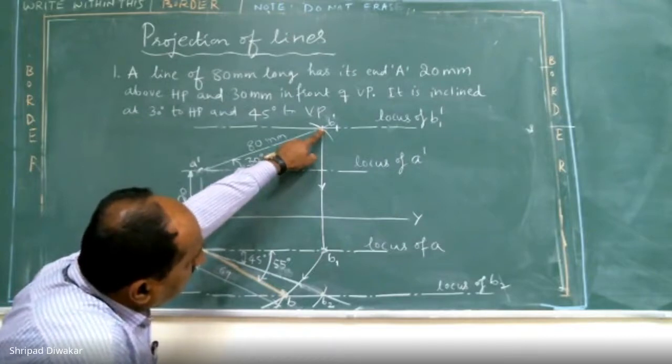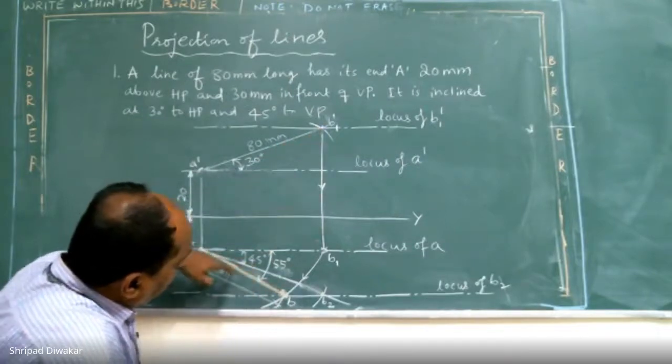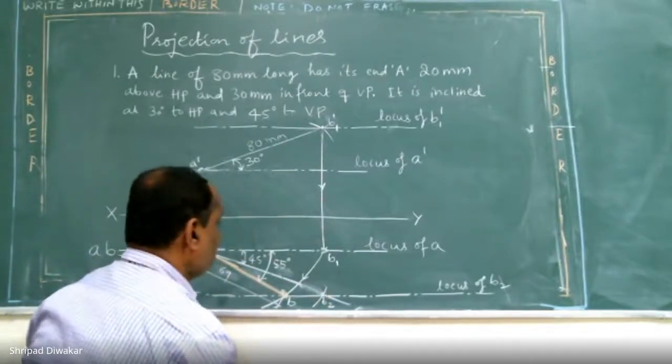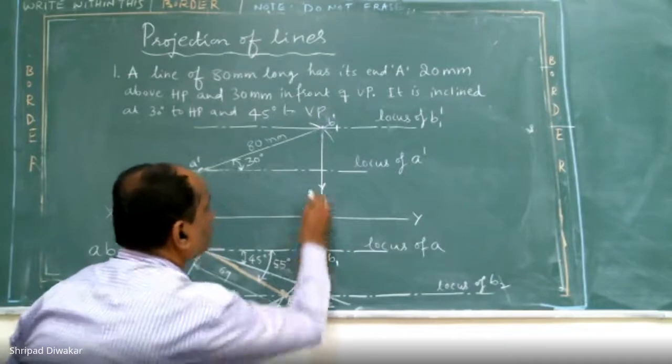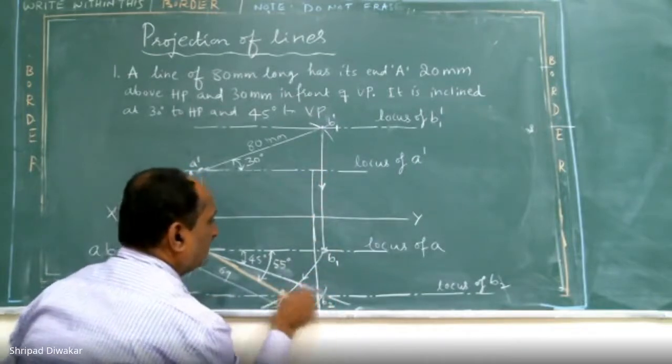By rotating the true length in the front view, you are getting the apparent length in the top. In the same way, now you have to start from the bottom, from B2. You are having this point B2.